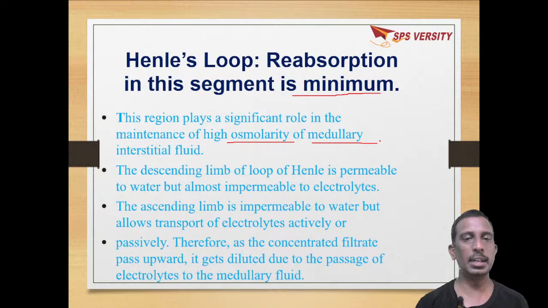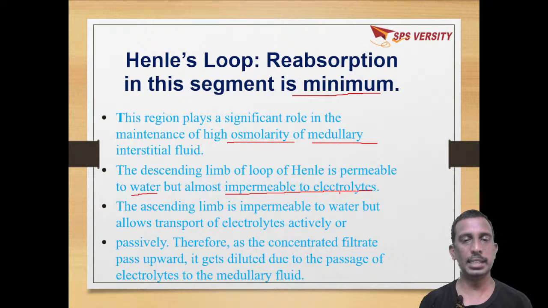The descending limb of Henle's loop is permeable to water but almost impermeable to electrolytes, like sodium and potassium. So here only water is reabsorbed.